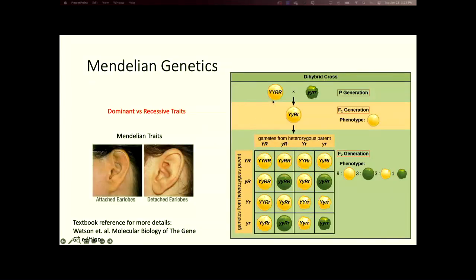So in this case, yellow and round are dominant traits. If a pea has any capital, so we can see that one of these Y's comes from each parent. If there's any capital Y, the pea will be yellow, and the pea will be green and wrinkled only if it's all lowercase.